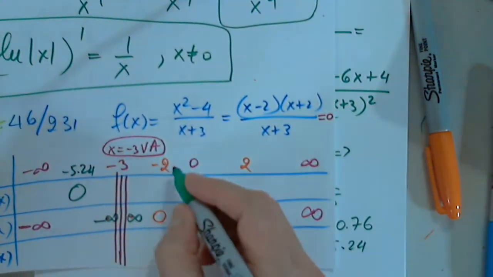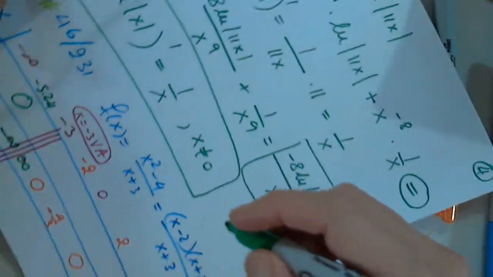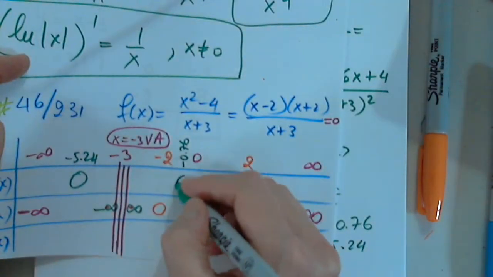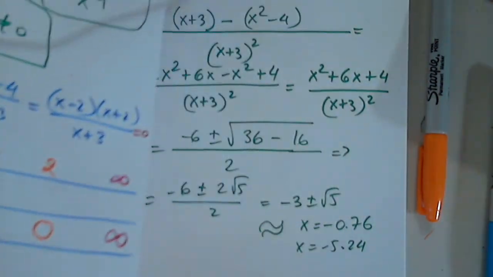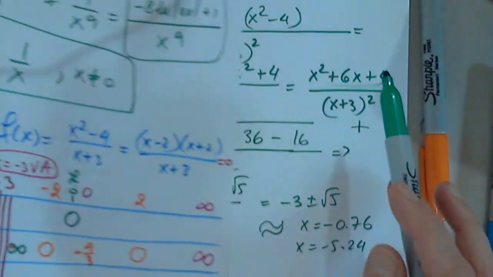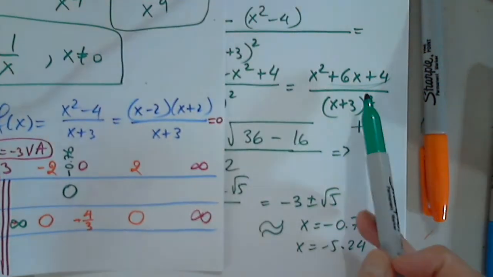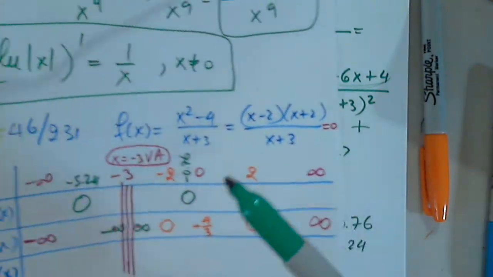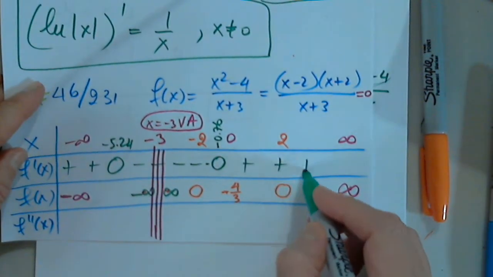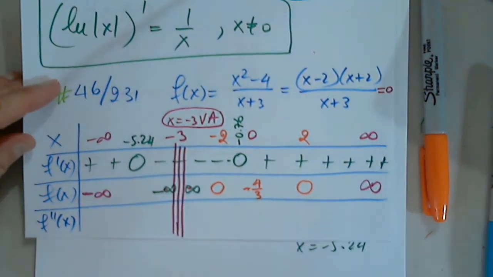And negative 0.76, of course, it has to be here, right? Right in here. Okay. So the denominator is always positive. Again, you can plug in numbers for the numerator. In between solutions is always the opposite sign of a, and outside is always the sign of a. You can plug in numbers.